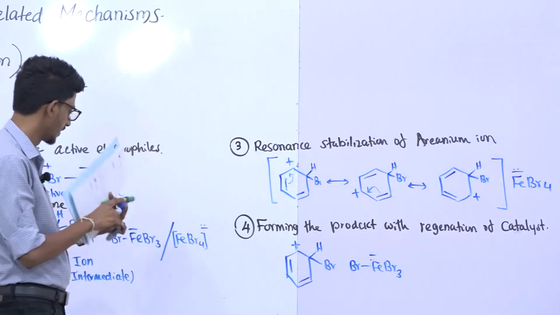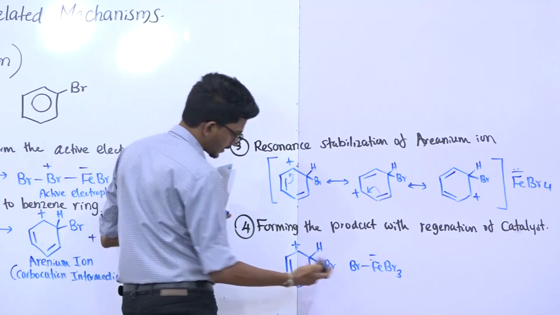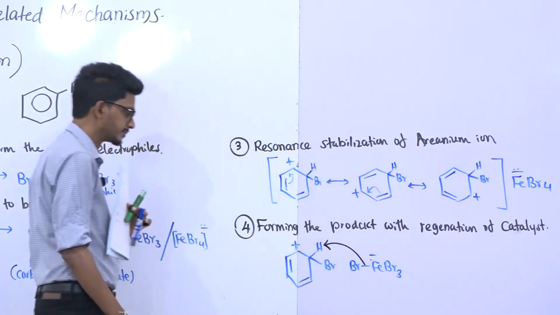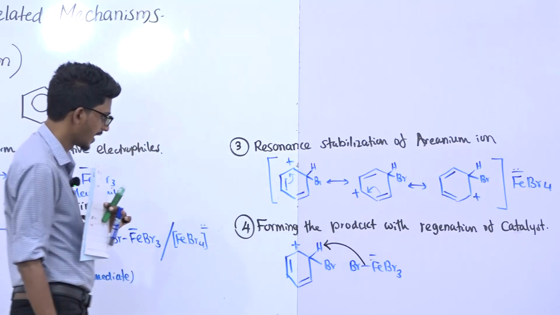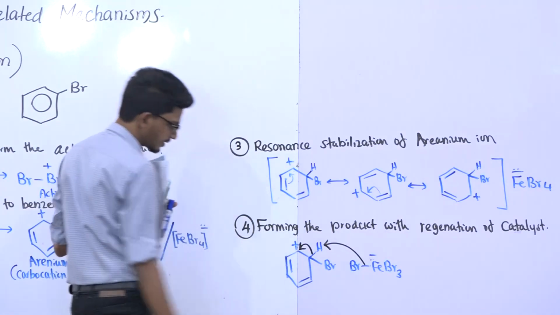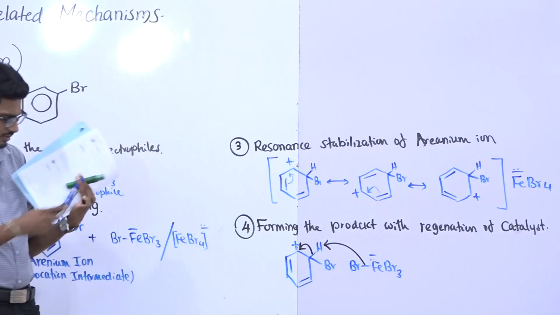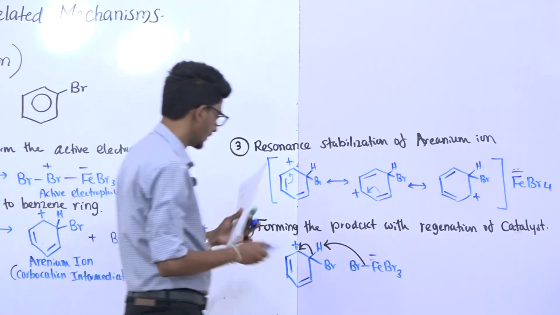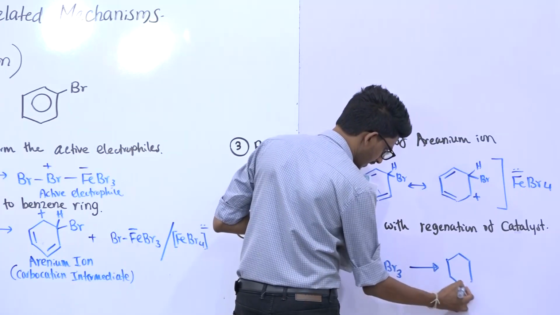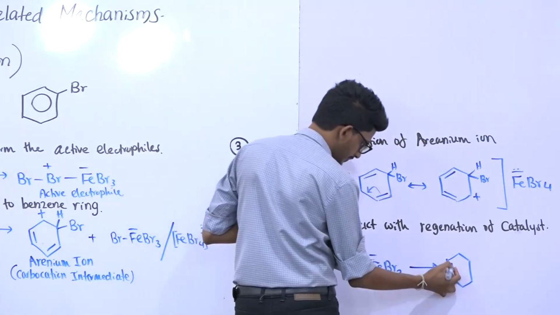So these electrons are coming towards the hydrogen to take that out, and these electrons will come here. So you will produce the product with this electron transition, as well as the catalyst will be regenerated.